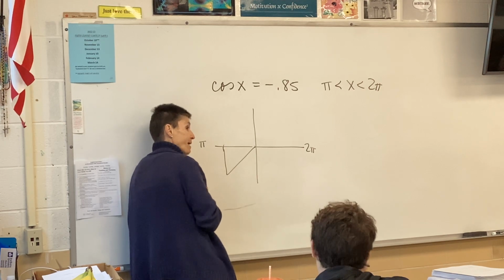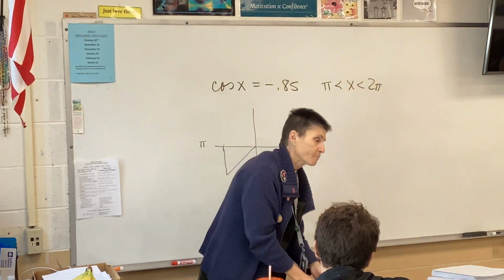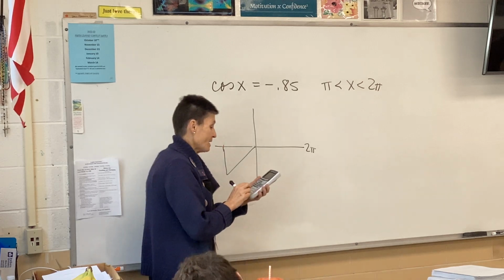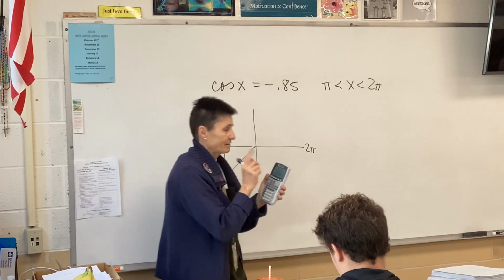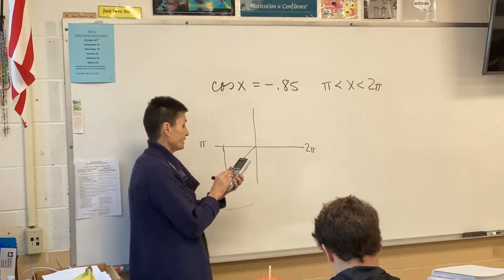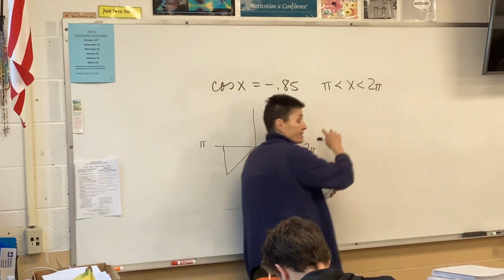Now, Sydney, I have an idea of what might be causing you trouble. Do you remember back when we were first doing these a month and a half ago, that I said sometimes it's wisest not to put that negative in? So I'm going to set my calculator in radians, because that tells me I'm in radians.